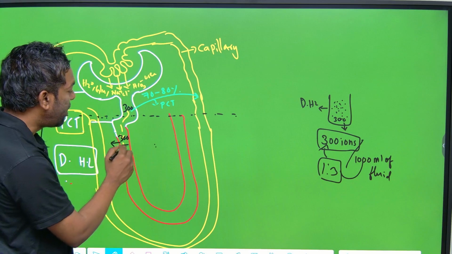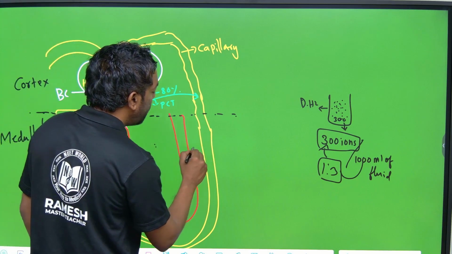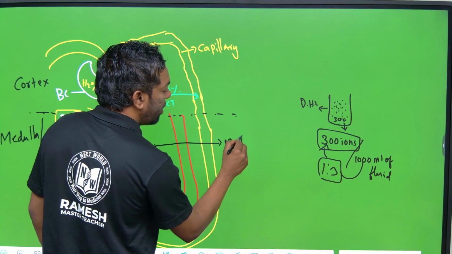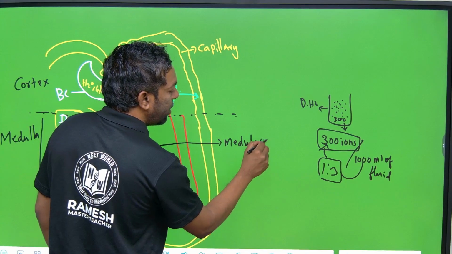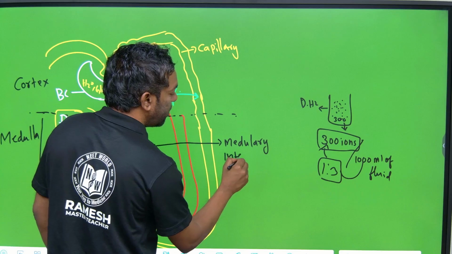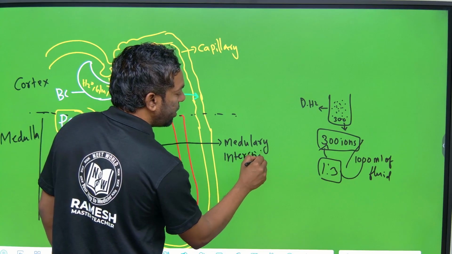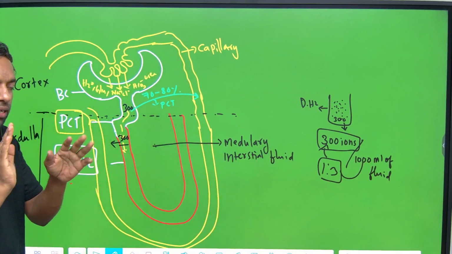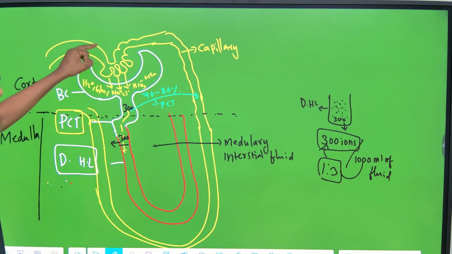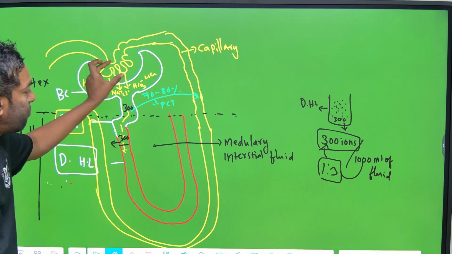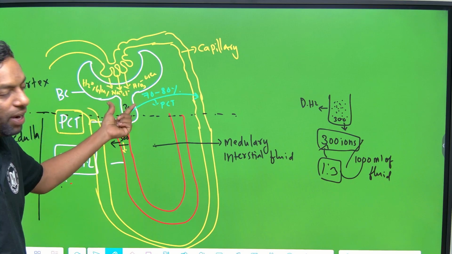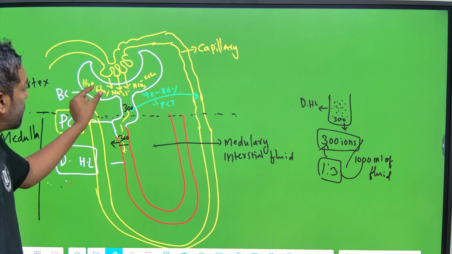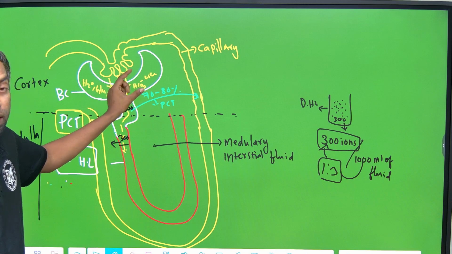We can call it the medullary interstitial fluid. This tissue has a certain fluid, which we call medullary interstitial fluid. Up to here clear? Just look into this, come again. The fluid coming from the blood is filtered here. Such a fluid has some ions: glucose, sodium, potassium and urea.